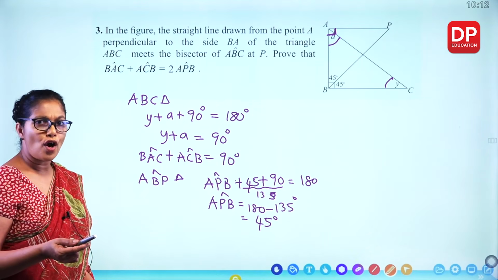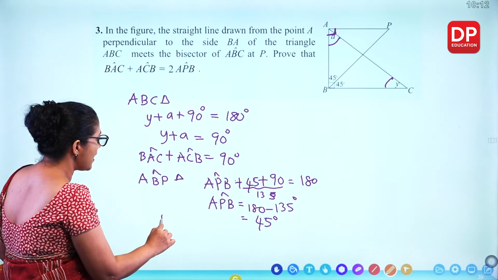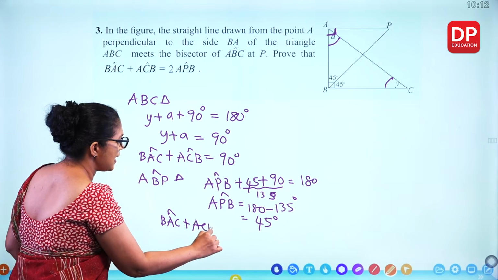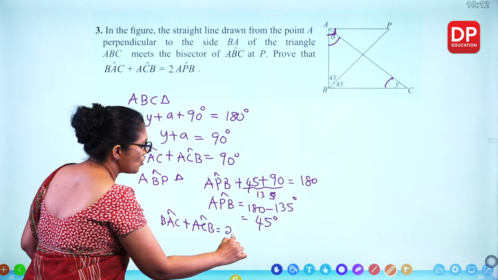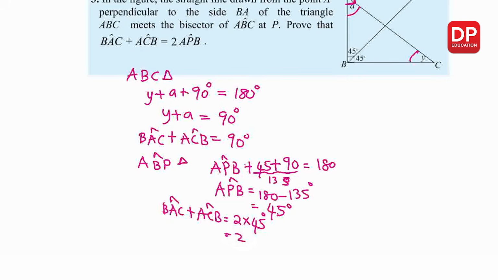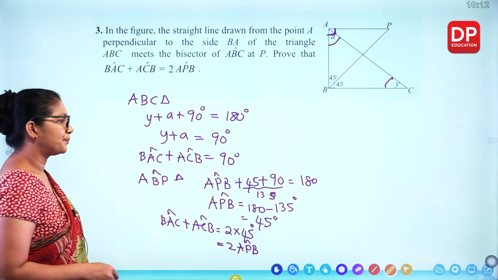That's 2 times 45. So I can connect this and this here and write angle BAC plus angle ACB is 2 times 45. So 45 I can write as APB. So that's what is given there.